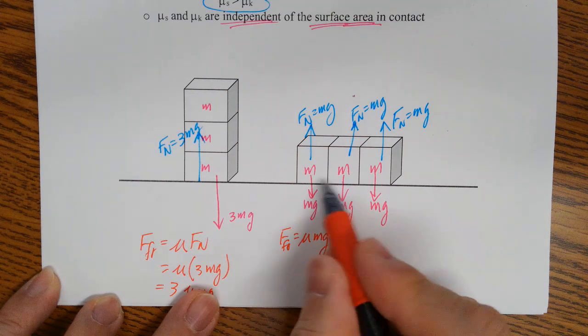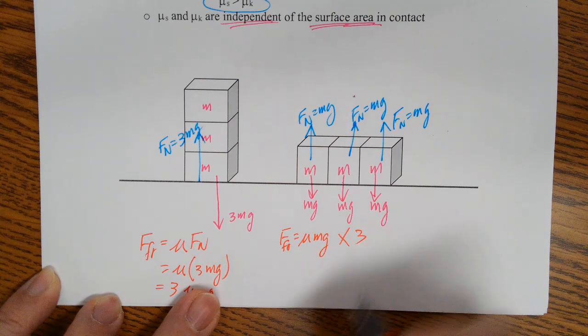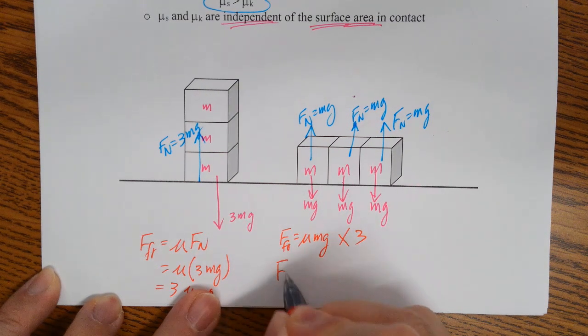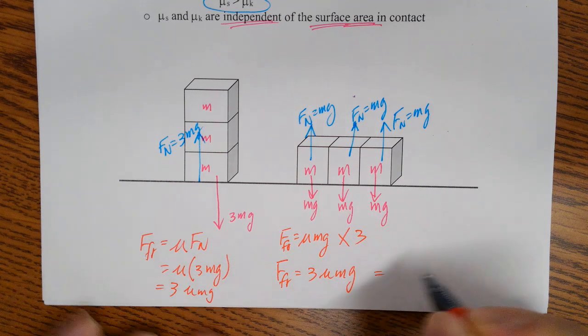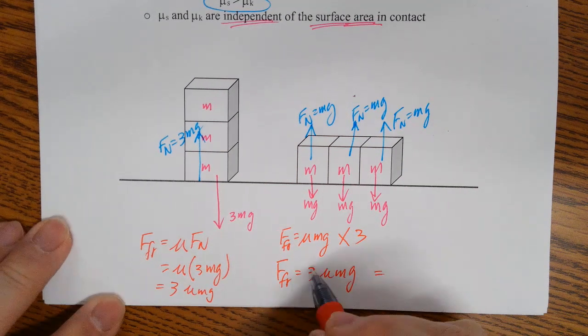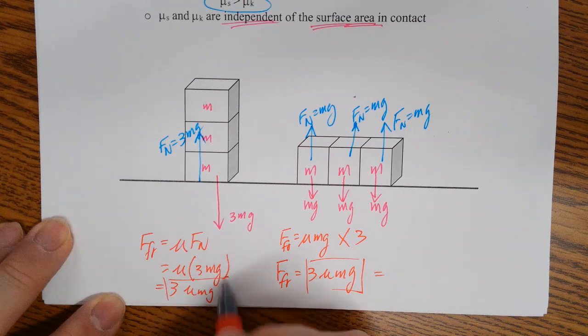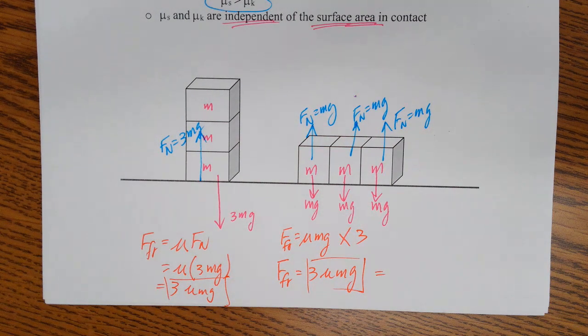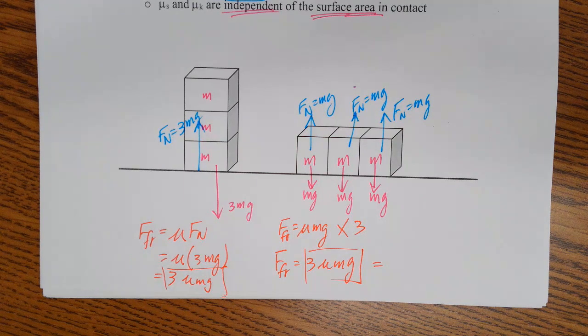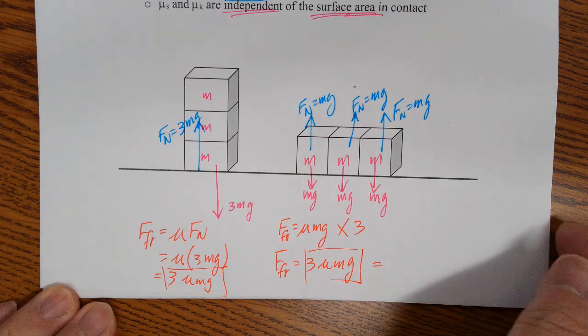Well, I have three of these joints, so I have to multiply that by 3. So my total frictional force is 3 times mu mg, which is exactly the same as this one. So the surface area doesn't really matter. So are we okay with that concept?